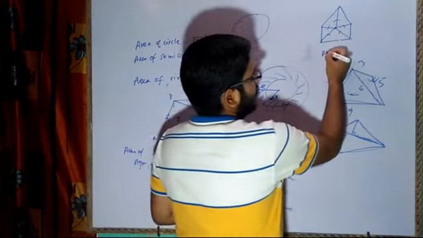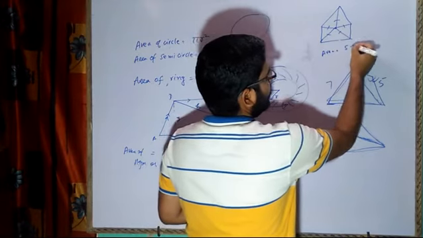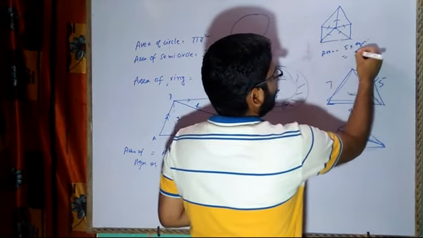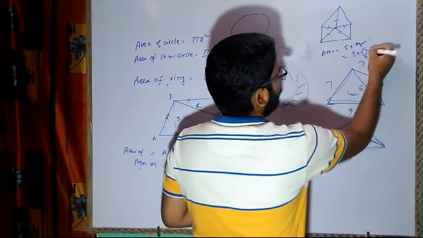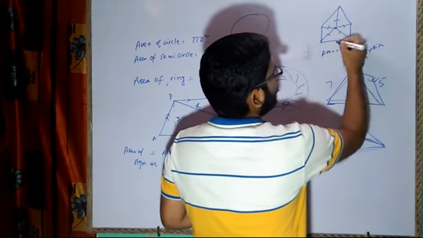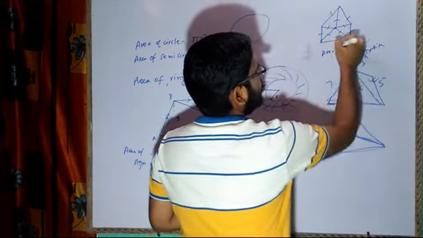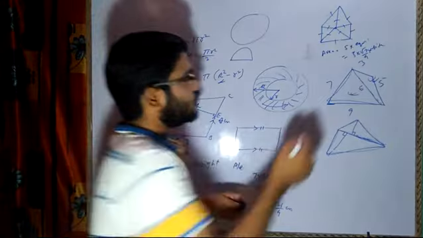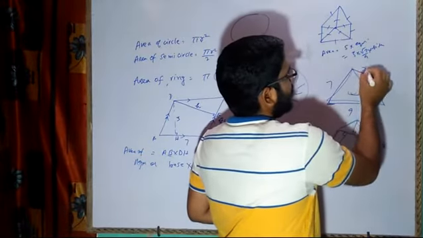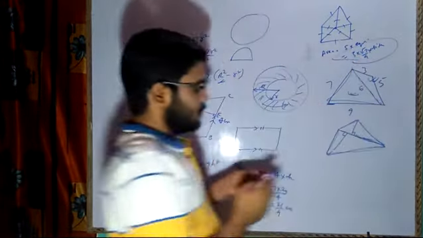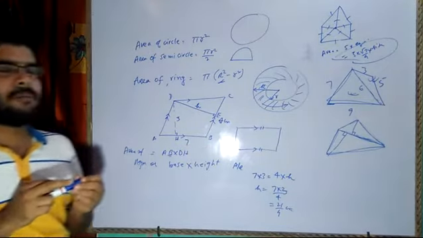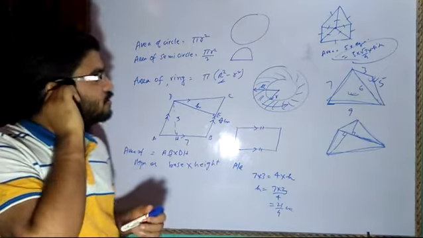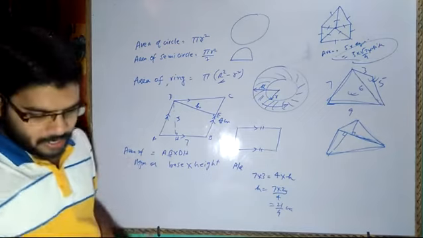So area will be equal to 5 times the area of an equilateral triangle, 5 into root 3 by 4 into side squared. Whichever side you take, all the sides will be equal. In this way you can calculate the area of a polygon, be it pentagon, hexagon, septagon and all those things.